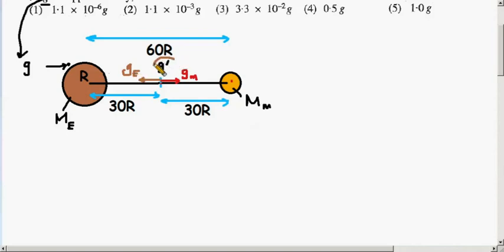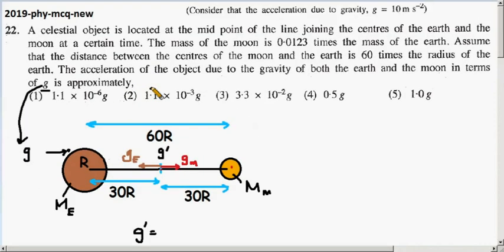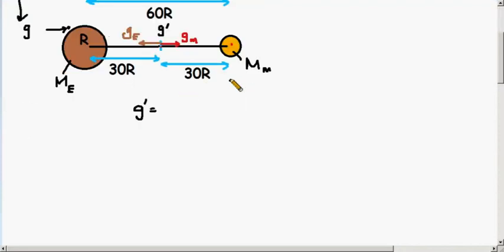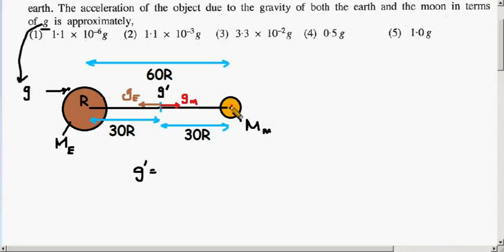So this g dash is the resultant acceleration of these. The Earth's one is greater, because they have given that the mass of the Moon is very small. Since the mass is smaller here, g_M is also smaller.